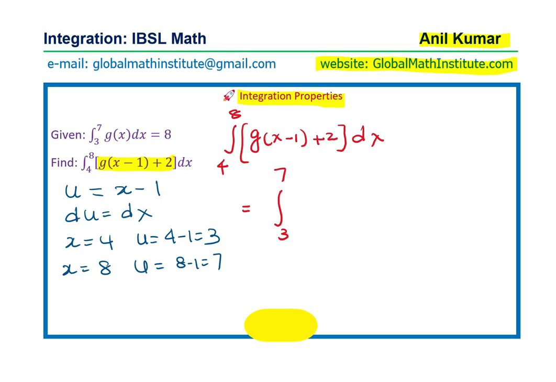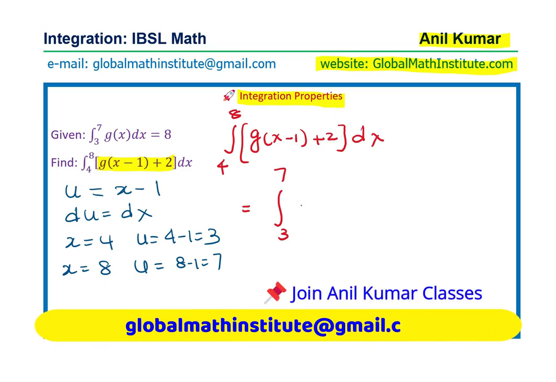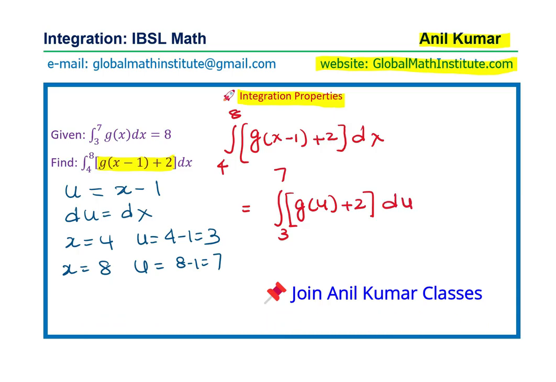Of g of x minus 1, instead of that, we can write g of u plus 2, and dx as du. You understand? So what has happened is that the function which has been translated one unit to the right, the limits also get changed. You see that? Instead of 4 to 8, now they become 3 to 7. And we can now integrate it.